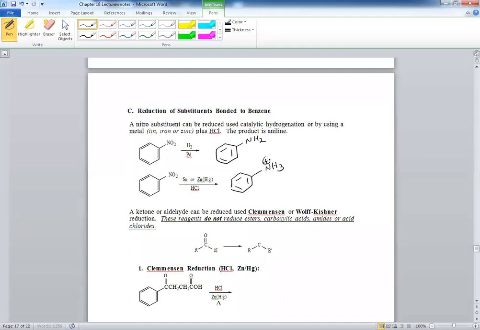However, you need one more step. So this would be step 1, and then step 2 would be the use of sodium hydroxide. You need the basic workup to simply deprotonate one of the H's, so you get your aniline. Very well.